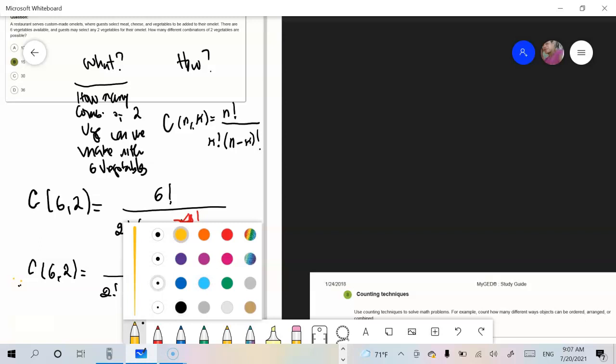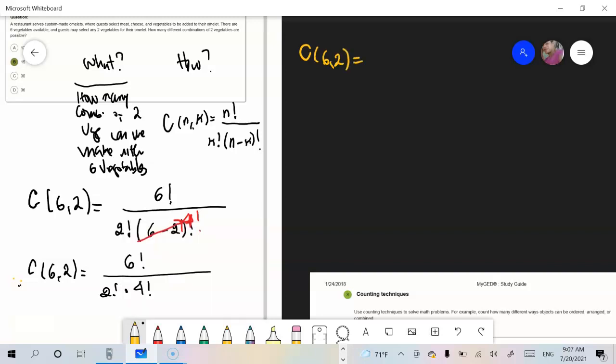Okay, so now I'm going to calculate the combination of 6 objects in groups of 2. That's going to be equal to 6 factorial, which keeps being 6 factorial. Since we have a 4 factorial at the bottom, I'm going to write 6 factorial, which is equal to, if I develop this, 6 by 5 by 4 by 3 by 2 by 1.